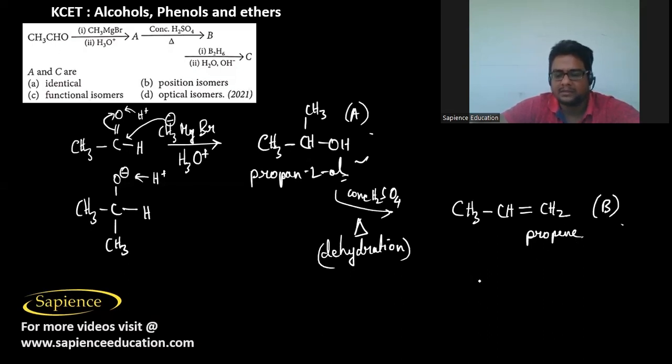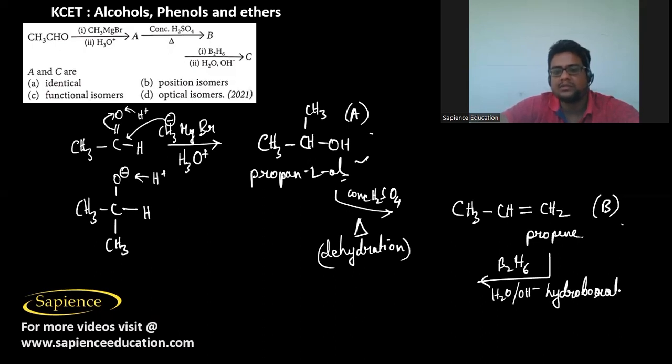And then B2H6 with H2O and OH minus is used, which is called hydroboration oxidation.